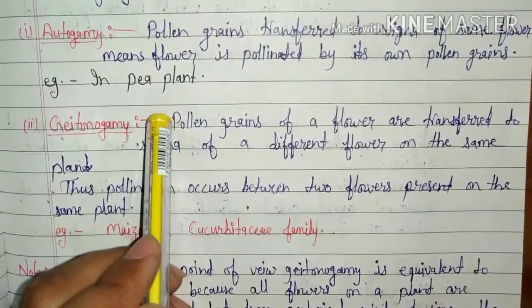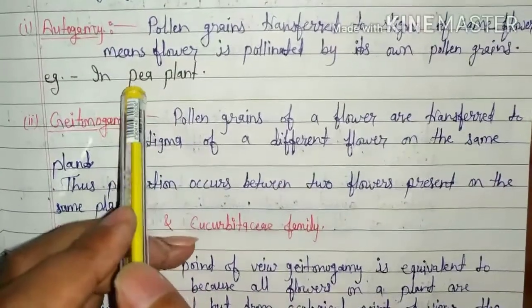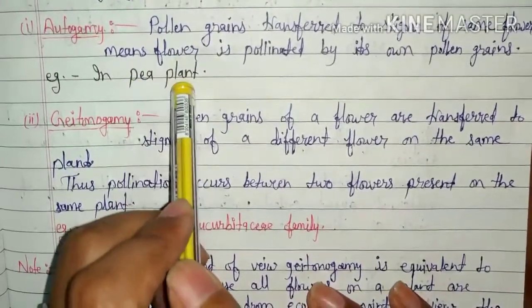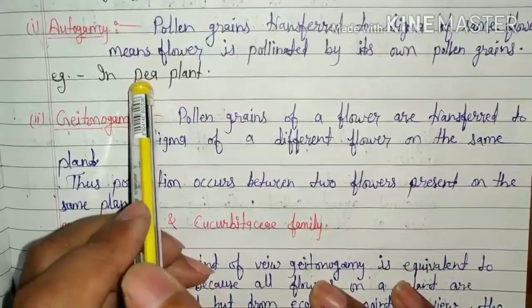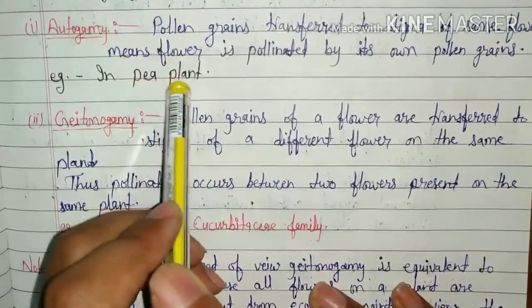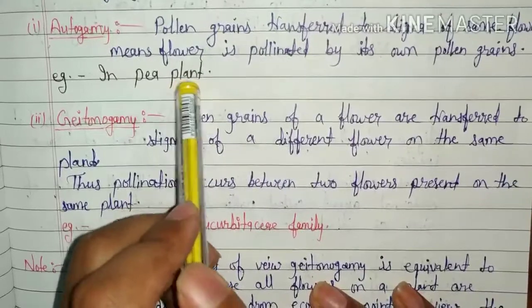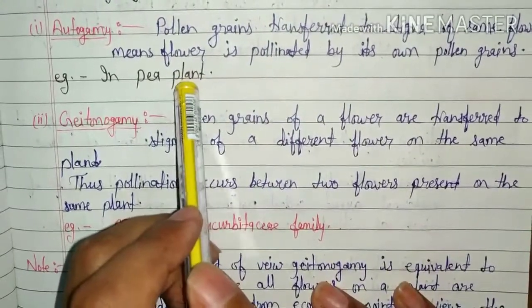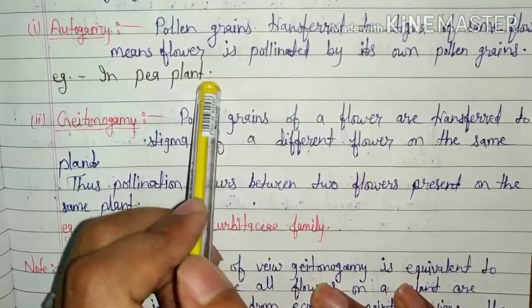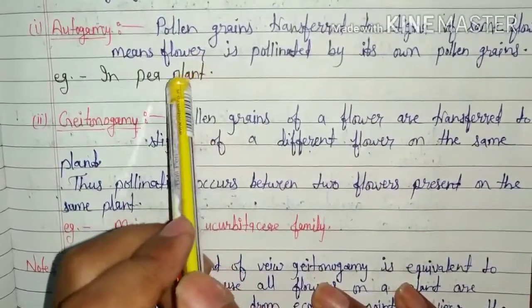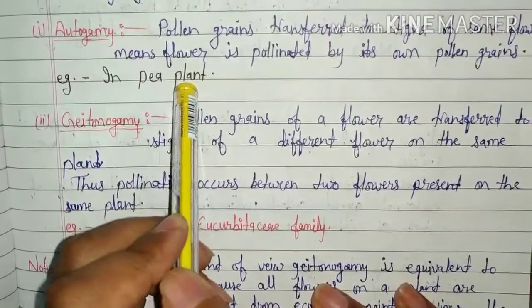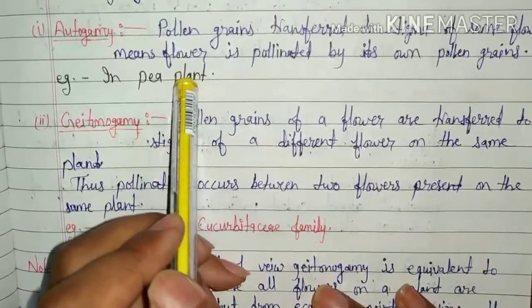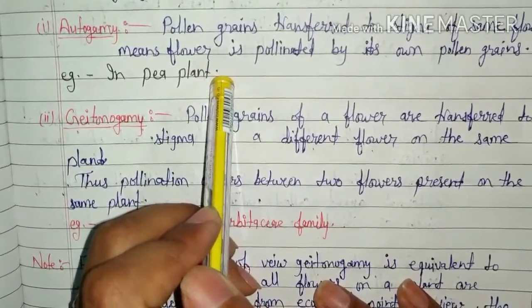In this, cleistogamy condition is found. It means its flowers always remain closed, never open. So, pollen grains of the pea flower land on its stigma.